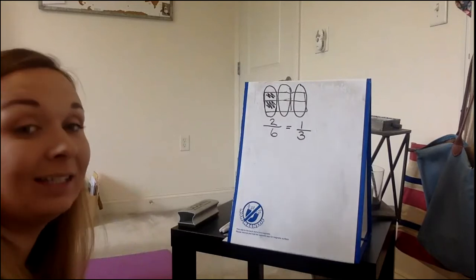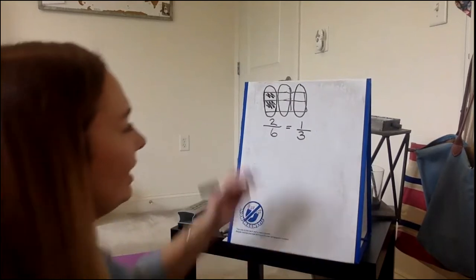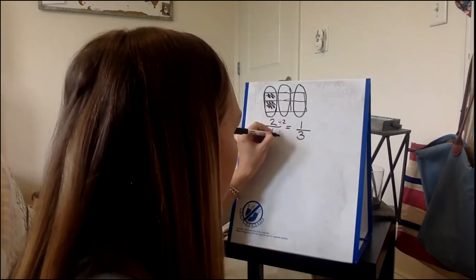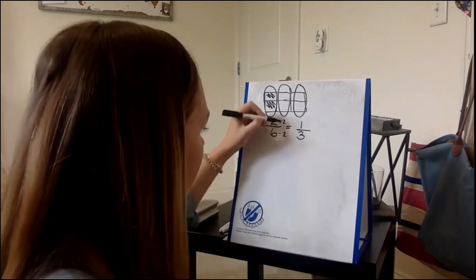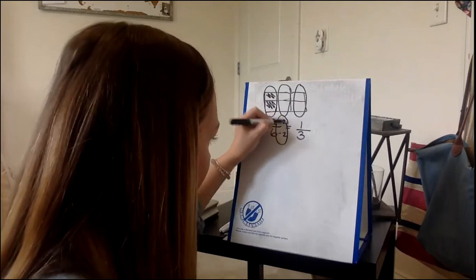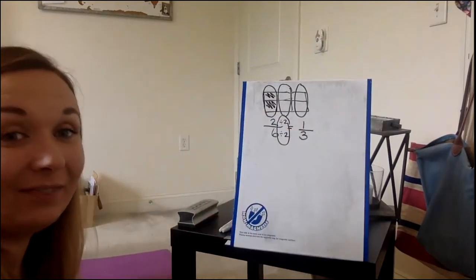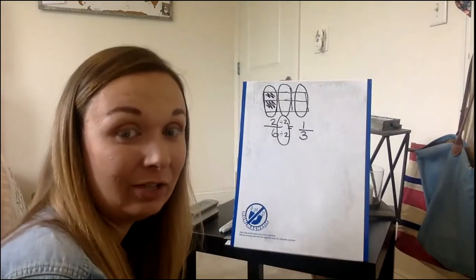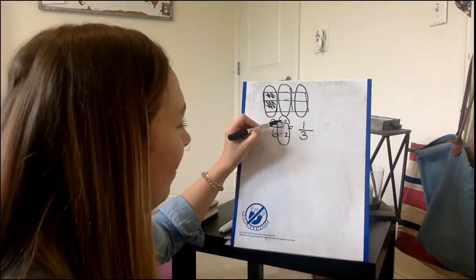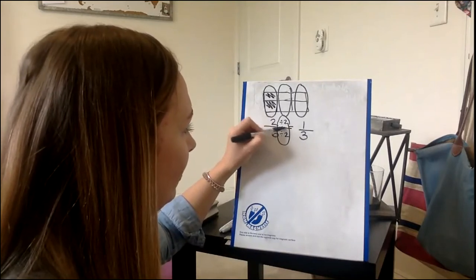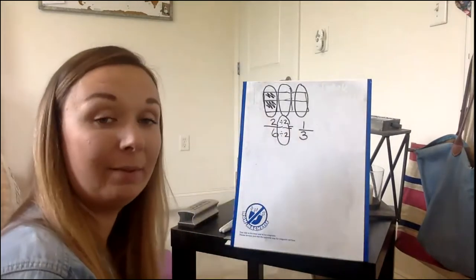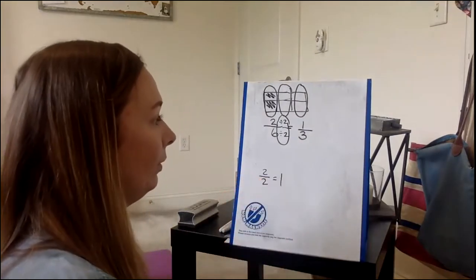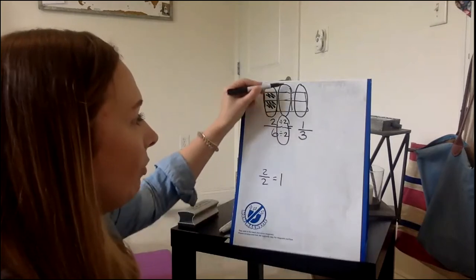So 2/6 is the same as 1/3, and what we did here was instead of multiplying, we divided by 2 over 2. Just like with multiplication, I have to divide the numerator and the denominator by the same thing to keep the fractions equivalent. So I'm dividing by 1 whole because I divided by 2 in the numerator and 2 in the denominator, and 2 halves is equal to 1 whole. I divided by 2 because I made groups of 2.